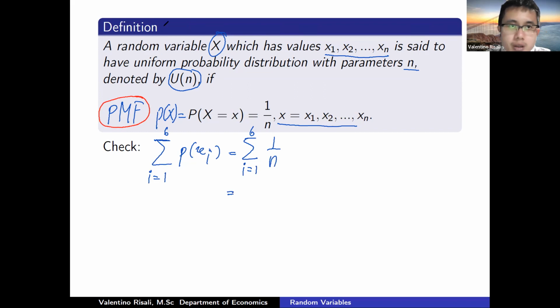Oh, I'm sorry, not 6, it is n. And the sum is equal to n times 1 divided by n, and it is equal to 1. So our requirement is fulfilled, and of course this function is a PMF.